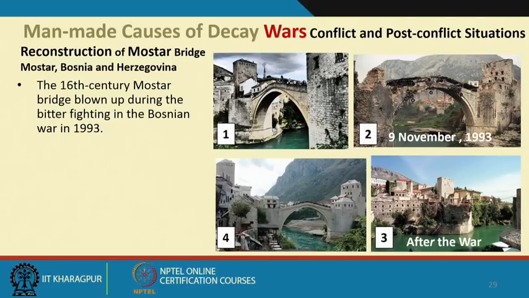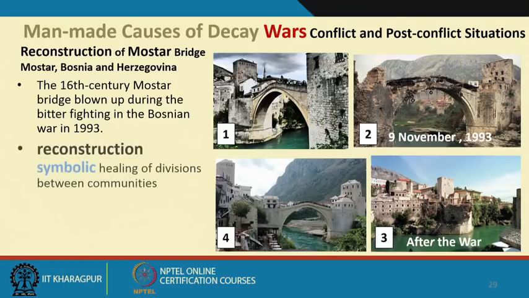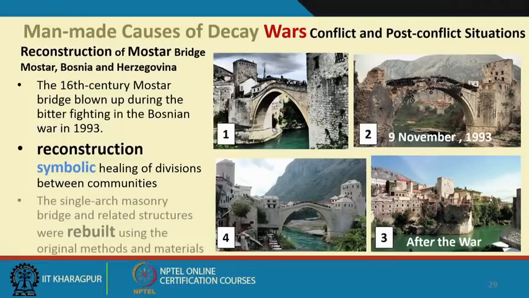But why is it a World Heritage Site? Because this reconstruction is a symbolic healing of the division between the communities in that settlement and area. So it is becoming a symbol of the healing process of this community after the war. The single arch masonry bridge and related structures were rebuilt using the original methods and materials. So it is a reconstruction, but it has symbolic value, going back to the original material.